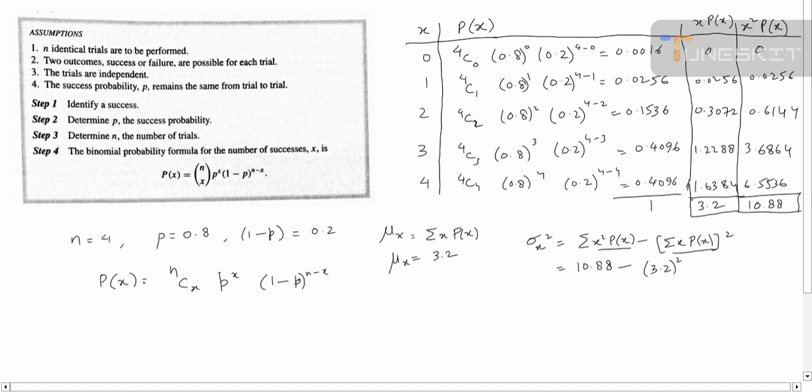So 10.88 minus 3.2 squared would give you 0.64 as the variance, and in the next step we will definitely work out the standard deviation. And the standard deviation is just the square root of this answer 0.64. That's 0.8.